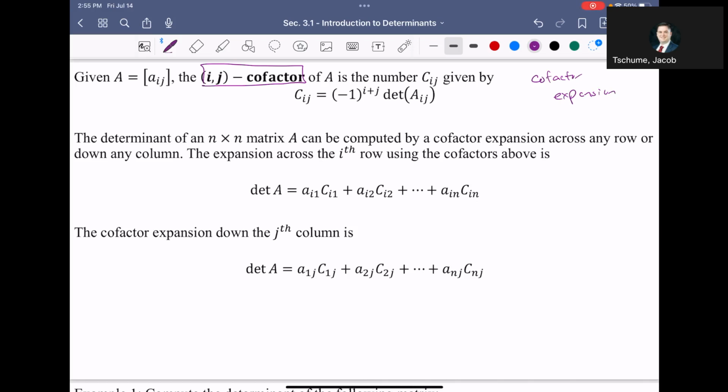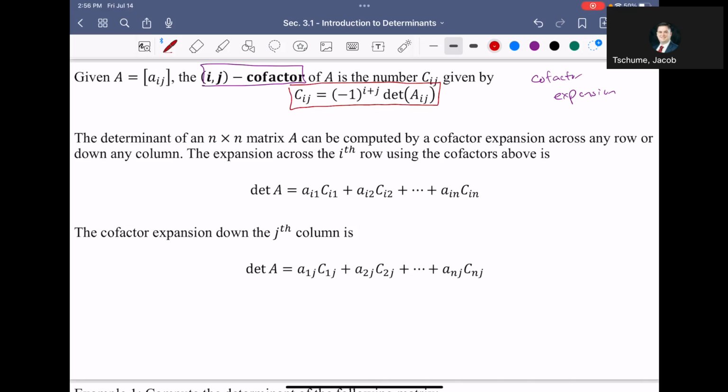I like to call it a cofactor expansion just because my old teacher used to cram that in our heads. It's defined as the following. You can pick whatever row or column that you would like, and you will follow the following formula. You will do C sub ij equals -1 raised to the i plus j times the determinant of A sub ij.